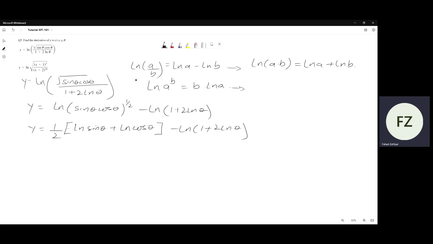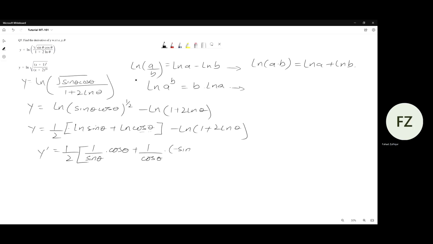Starting from the first term, we can write y dash equals 1 by 2 into the derivative of ln sine theta, which is 1 over sine theta into the derivative of sine theta, which is cos theta, plus ln of cos theta, which becomes 1 over cos theta dot the derivative of cos theta, that becomes minus sine theta.